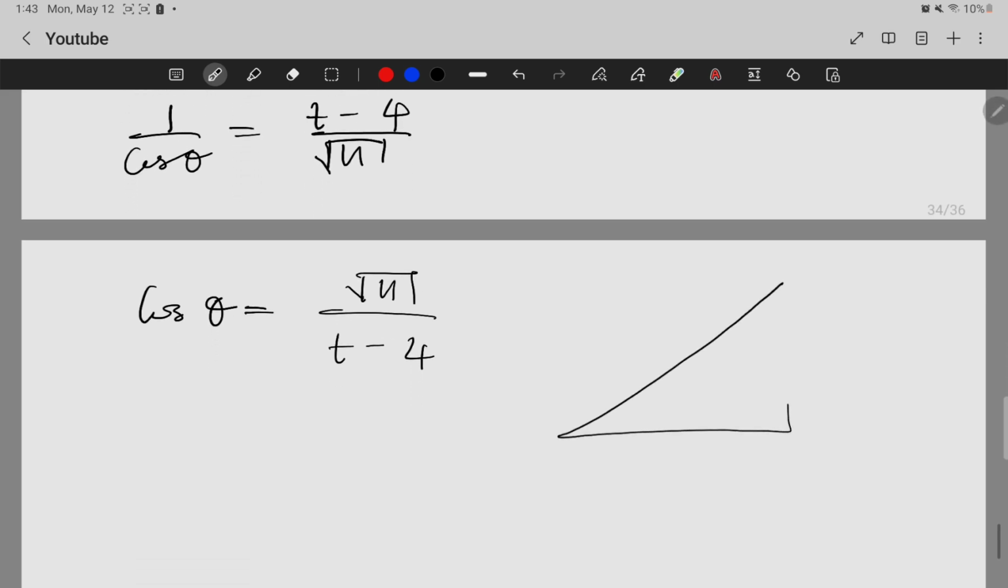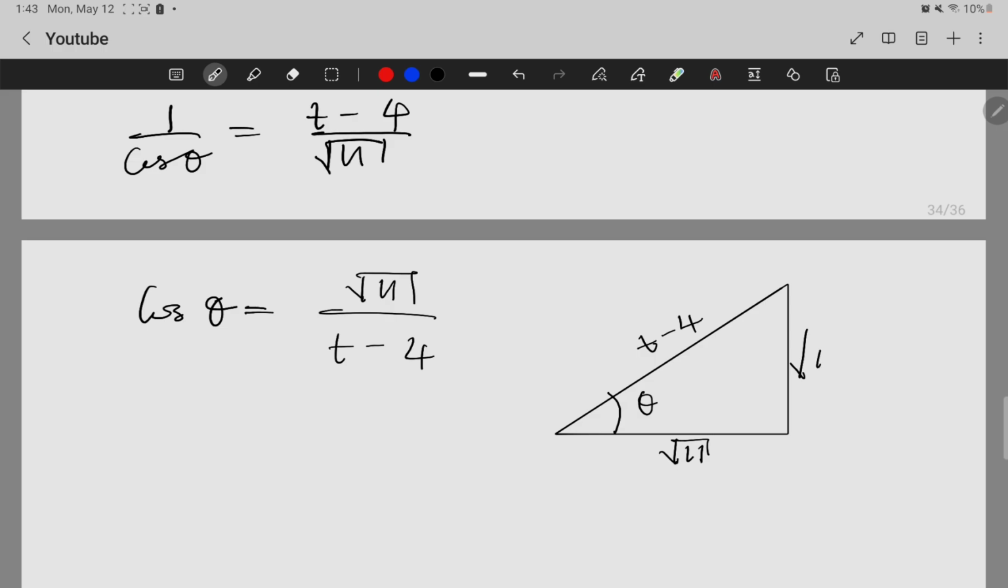Here, I can easily get my triangle like this. If this is where my theta is, it follows that cos is adjacent, which is root 11, over the hypotenuse, making it t minus 4. By Pythagoras theorem, the opposite has to be the hypotenuse squared, which is (t minus 4) squared, minus the shorter side squared, which is root 11 squared, making it just 11.